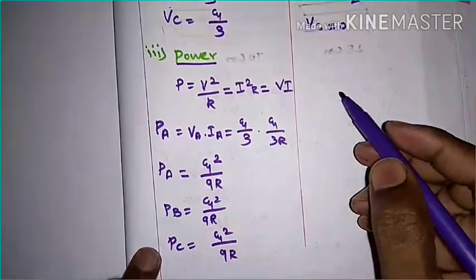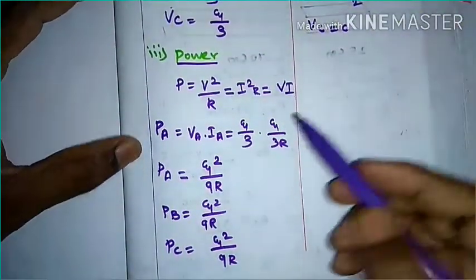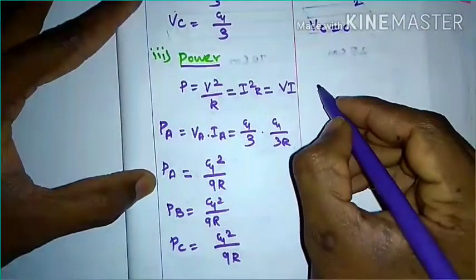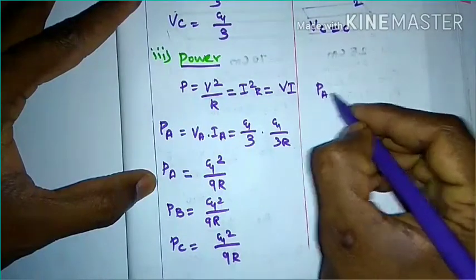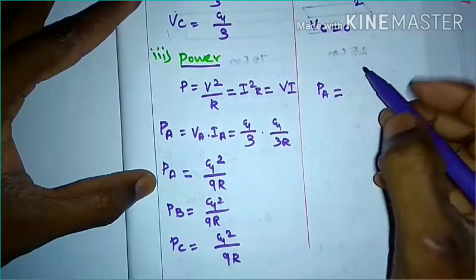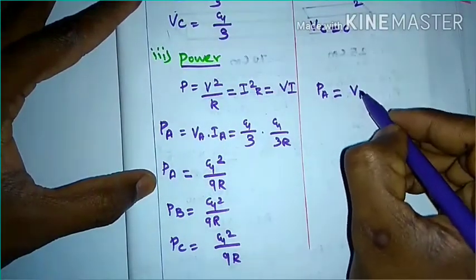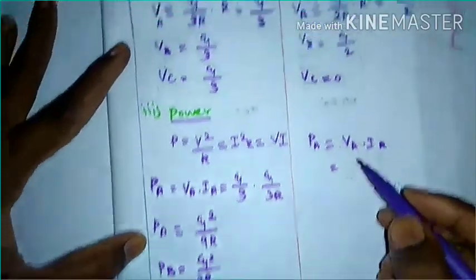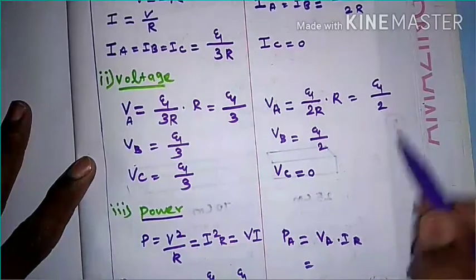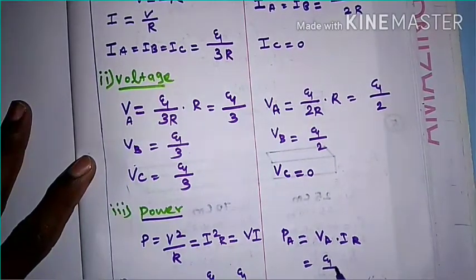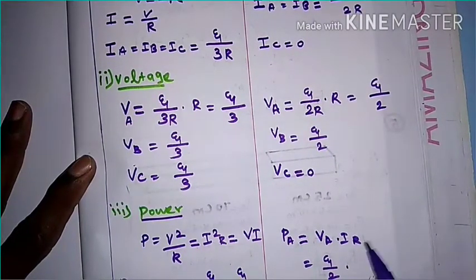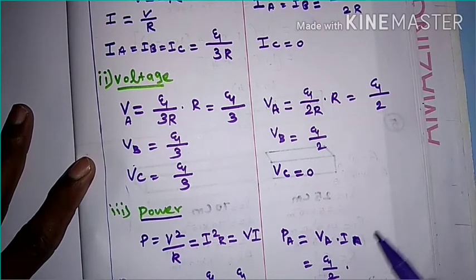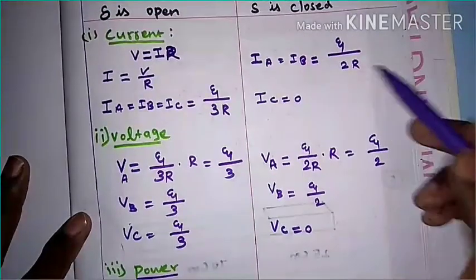Next, when it is closed, the power for the first resistor is PA equal to VA into IA. Here the potential changes for A to psi by 2, into the current I equal to psi by 2R.